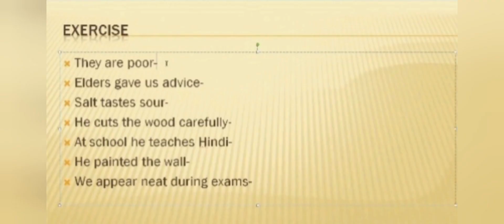So here we have some exercises to find out the patterns. The first sentence: They are poor. If you take the last part of the sentence, the poor, out, the sentence will stand incomplete. They are. This is an incomplete sentence. But if you include the last part, it will be complete.